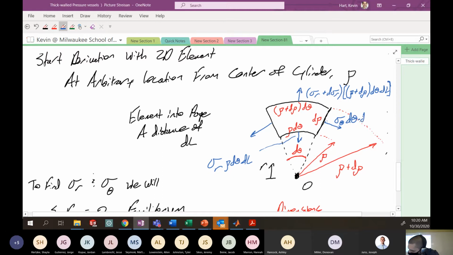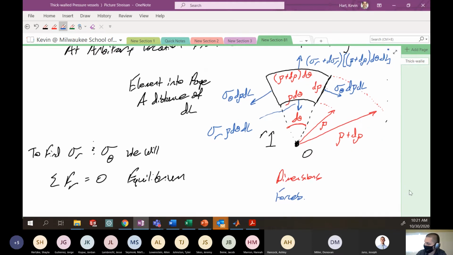Same thing on the other side. So that's the actual force there. We're going to have to resolve that into the r direction with the sine of d theta on 2, but we'll see that in just a second.